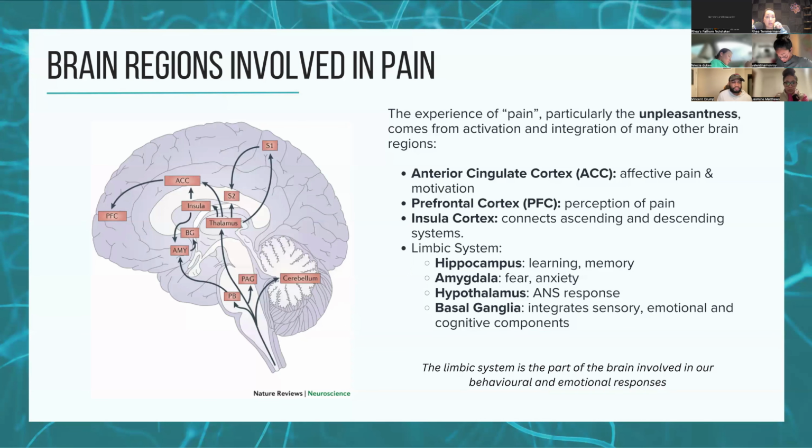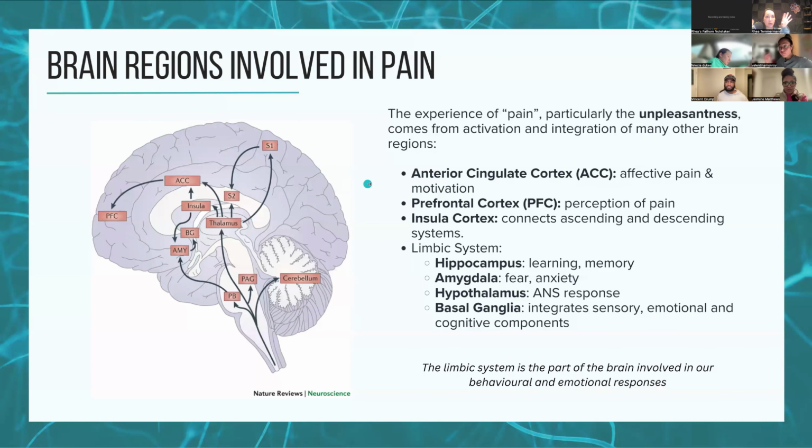And as we know, our limbic system is really this part of the brain that's involved with our emotional responses. These are very evolutionarily old systems that are meant to keep you alive and help you avoid things that are unpleasant.